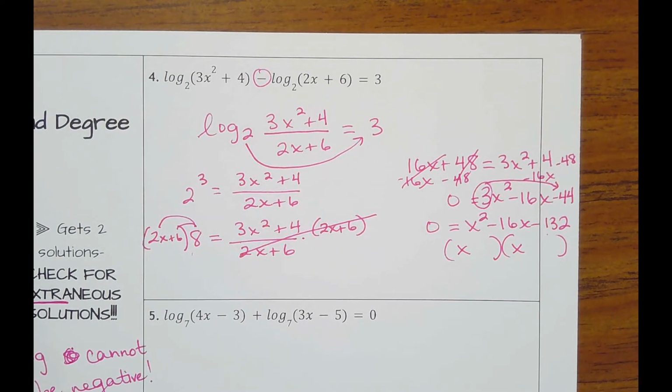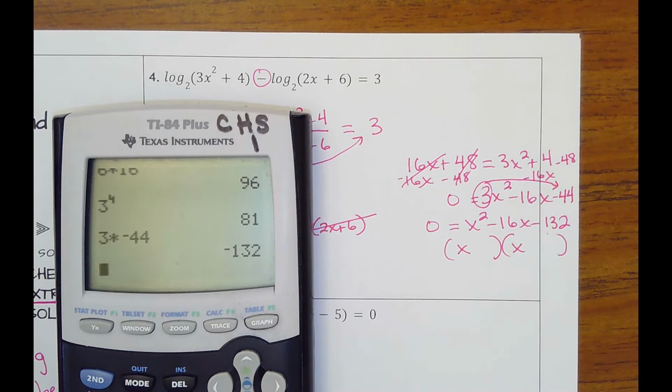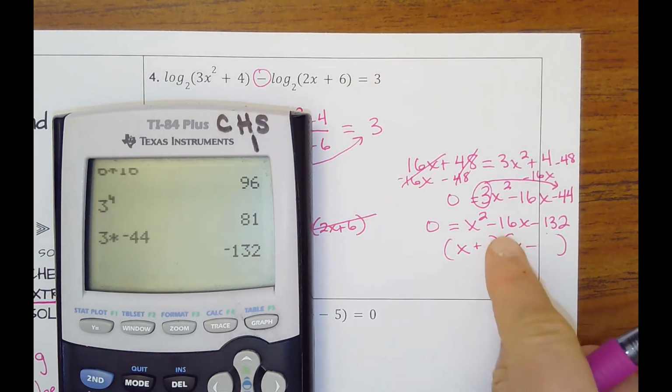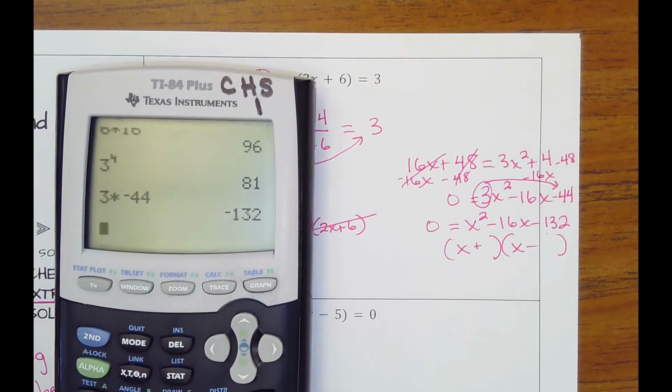Ooh. I know since I'm multiplying to get a negative, I need one of each sign. And I know I need more negatives. So I would just start trying to figure out 132 divided by stuff. I kind of even feel like 16 is a factor. Nope. 12 and 11, that doesn't help.